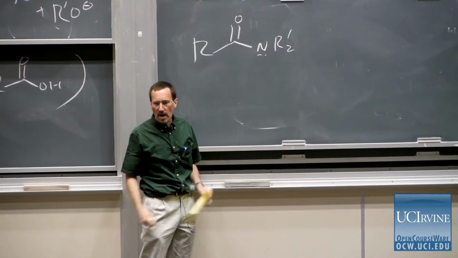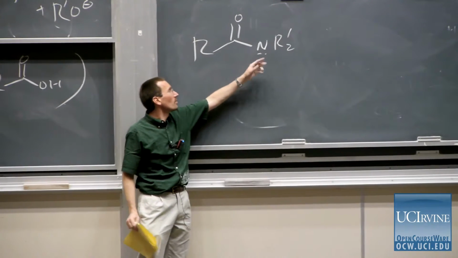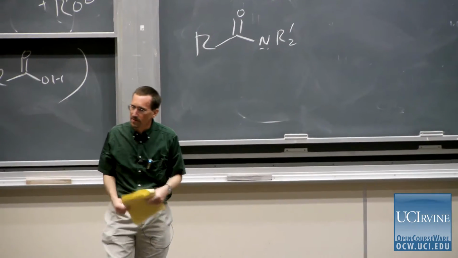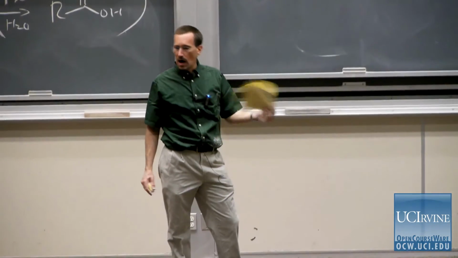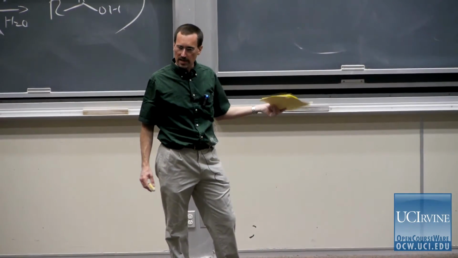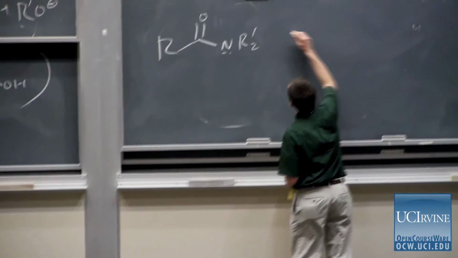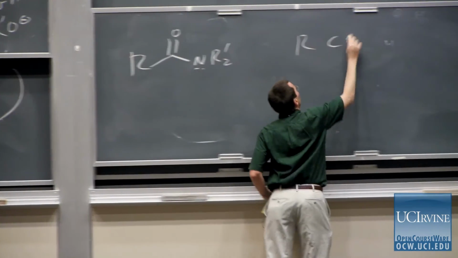Amides, I'll write them in general form with two R groups here. That could be two hydrogens, in which case we have a primary amide, a hydrogen and an R group, in which case we have a secondary amide, or two R groups, in which case we have a tertiary amide.